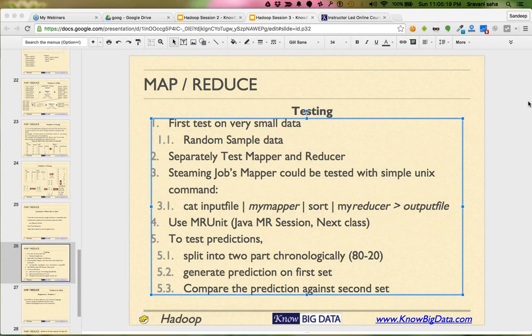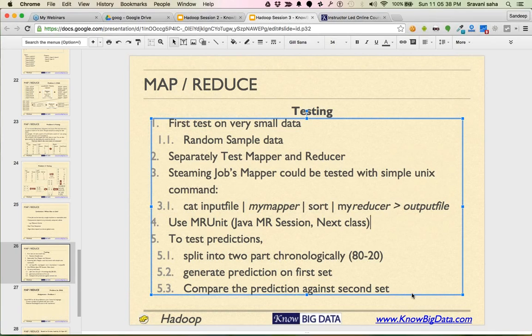So in those cases, you generally split the data into two, and generally chronologically you divide it, and you generate the predictions on the first set and then compare the predictions against the second set. So that's a general thumb rule of testing predictions. Okay.